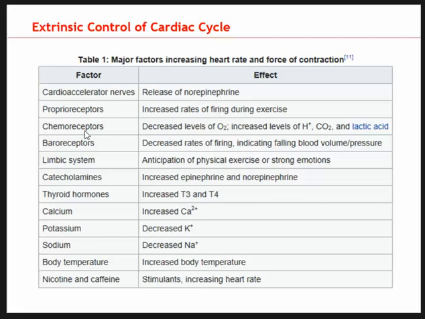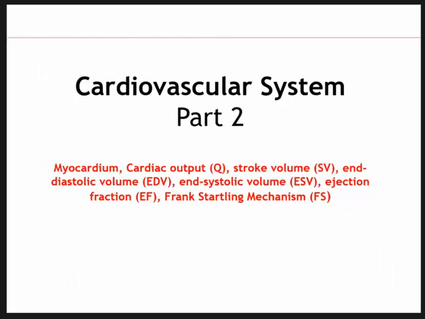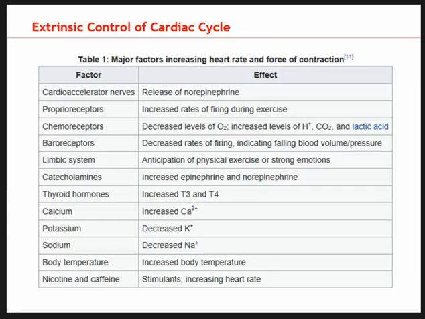We just talked about chemoreceptors and baroreceptors, how they detect pressure or chemicals. Catecholamines, we know that epinephrine and norepinephrine increase our heart rate. Calcium, potassium, sodium, and temperature will all be regulated and increase with exercise, which again will increase our heart rate. So I think that's all we've got for part 1 of chapter 6.